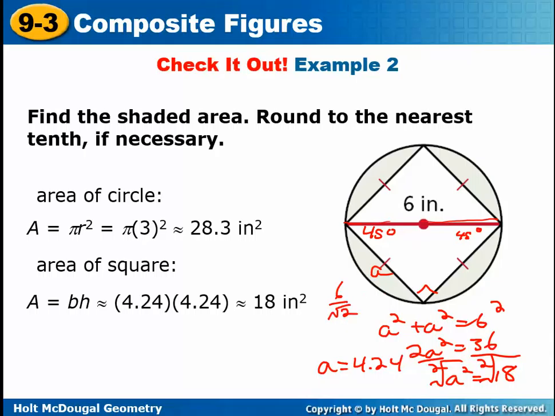I'm doing that on my calculator right now. And the decimal version of that is 4.2426. So there's more than one way to find a, but you had to find that before you would be able to then multiply a times a and get 18. And then you subtract the two amounts and you should have got 10.3 inches squared for the shaded region.